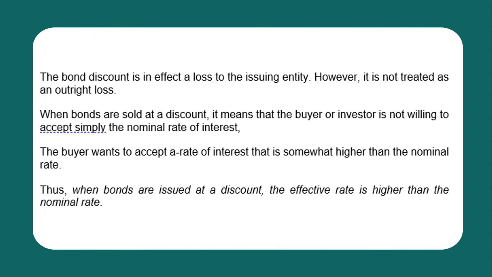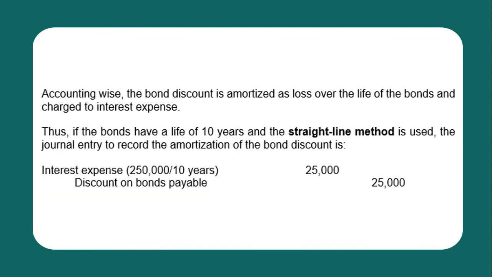Thus, when the bonds are issued at a discount, the effective rate is higher than the nominal rate. Unlike the premium, where the effective rate is lower than the nominal rate. If there is a discount, same with the premium, it needs to be amortized over the maturity period. However, it will be debited or charged to interest expense, meaning additional interest expense.